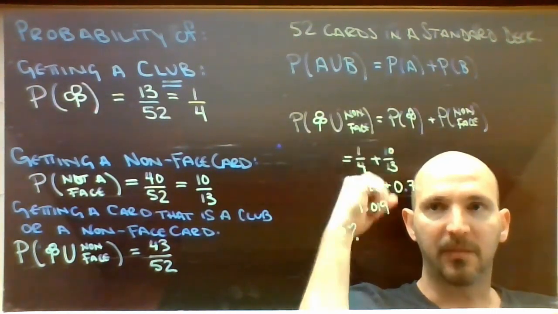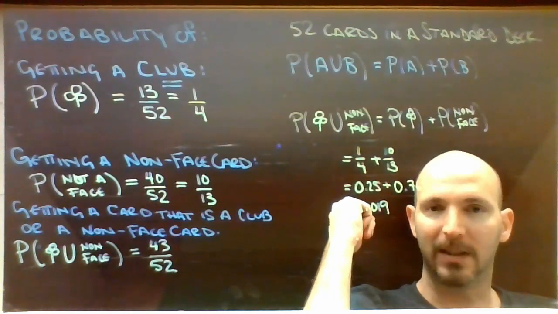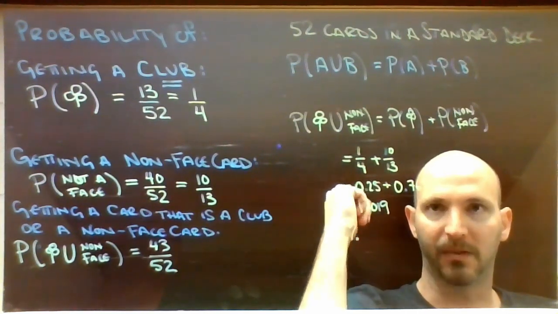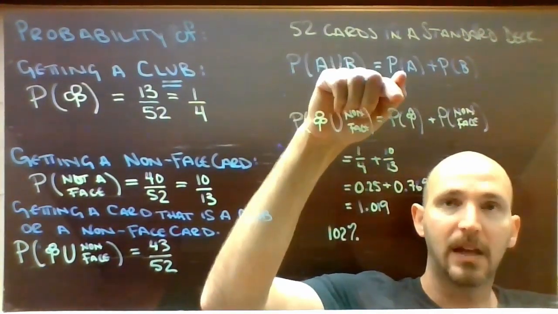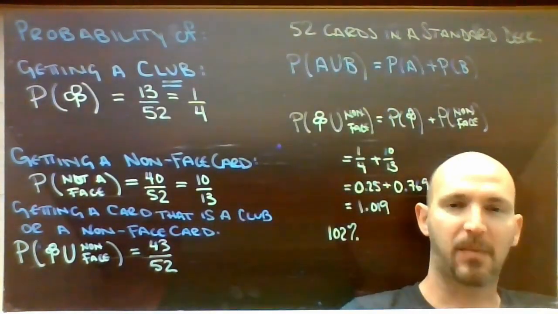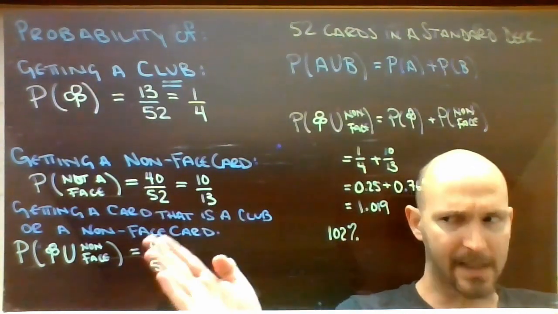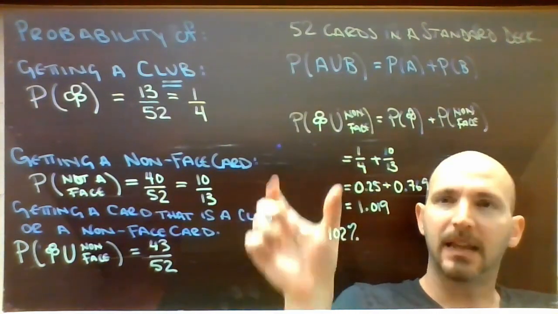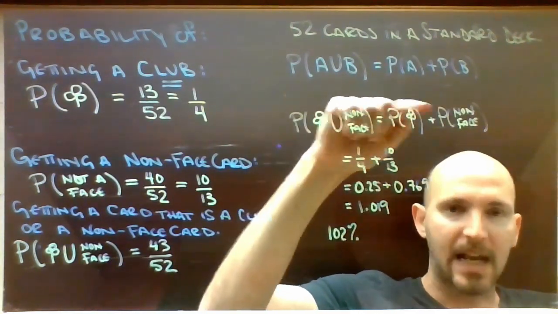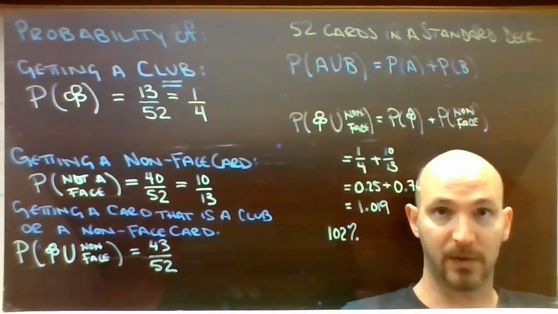The probability of being a non-face card also included the ace through 10 of clubs. So those cards were counted in this pile and they were counted in this pile. Just like the letters that happen to land in both exaggeration and quasimorphism, there are some that land in both sets. So if you just add them together, then you end up double counting a number of your data points.